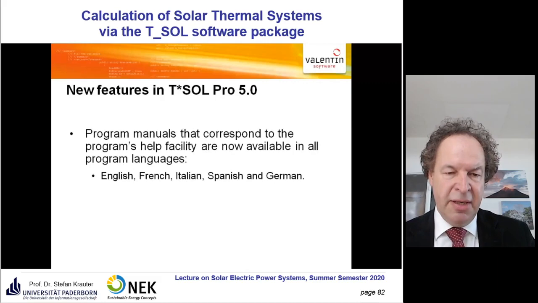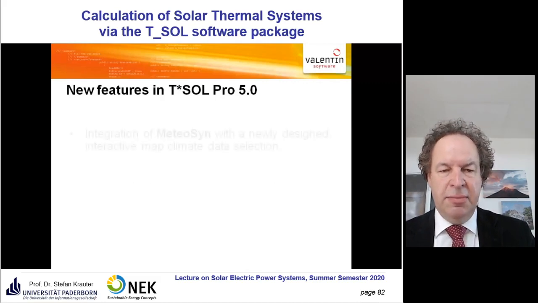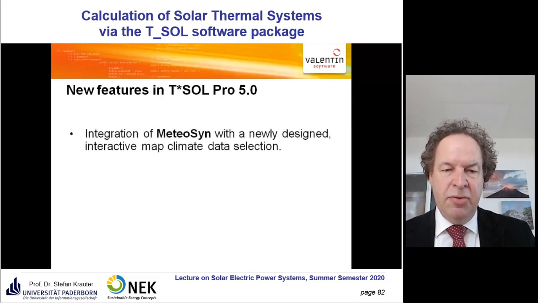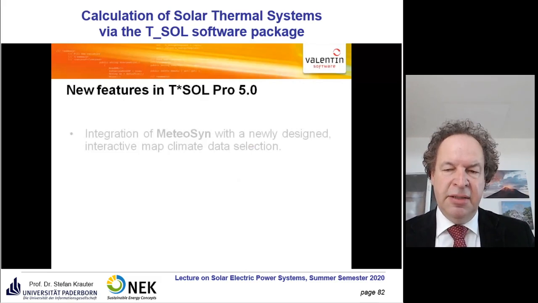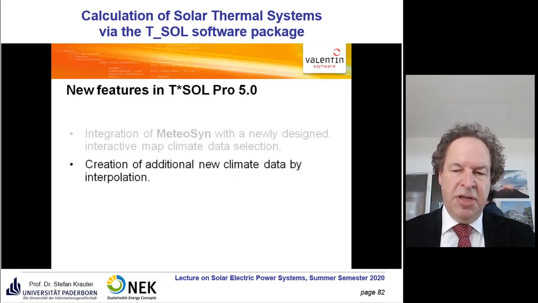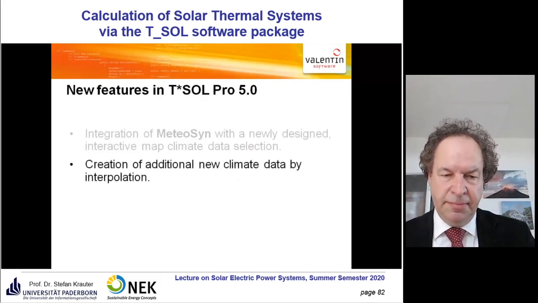Different languages are available: English, French, German, Italian. Then you have the integration of different sources for irradiance here. So you can select on a world map the location and have a daily and yearly or seasonal change of irradiance and so on.